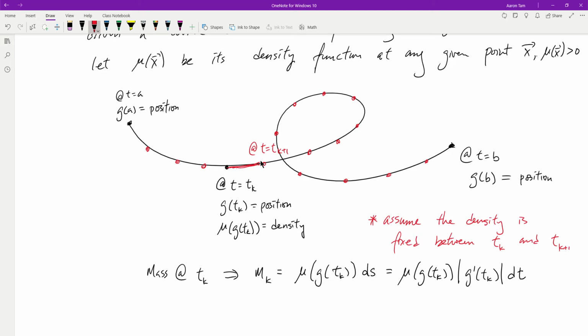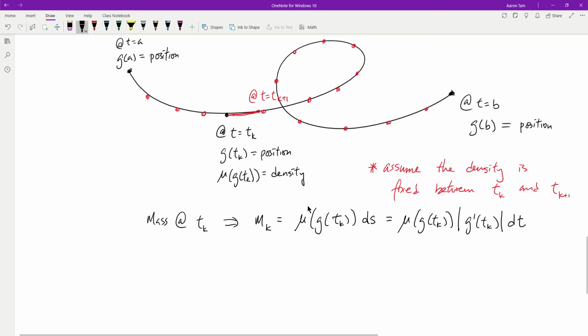So now what I can do is add up all of these different line segments between any two consecutive dots. If I do that, I will have an approximation of the total mass.